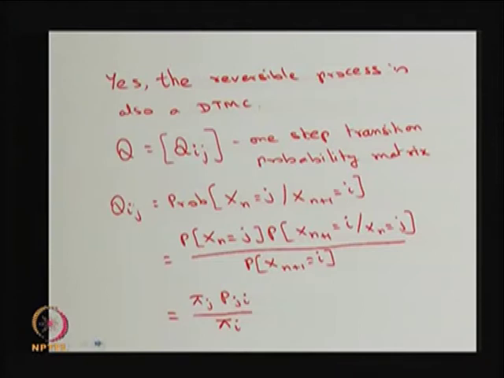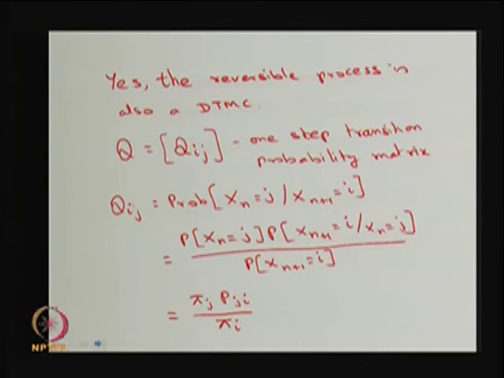Now, I am going to define how to find the one step transition probability for the reversed process. Take it as the matrix Q that consists of elements Q_ij. You can find the entries Q_ij, that is nothing but the probability that the system will be in the state j at the nth step, given that it was in the state i at the (n+1)th step.